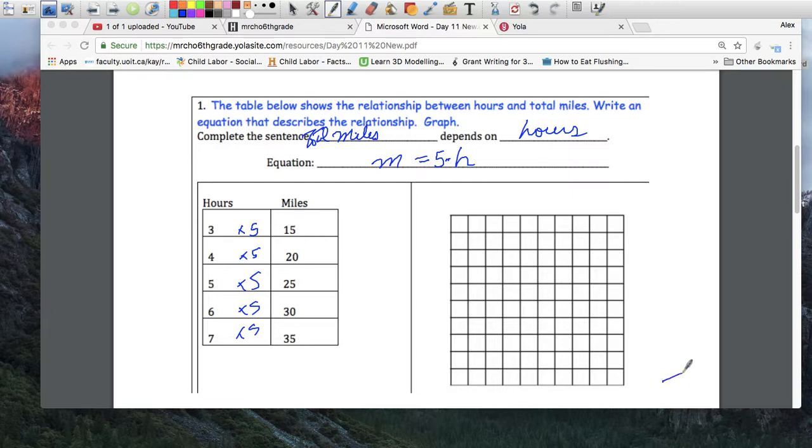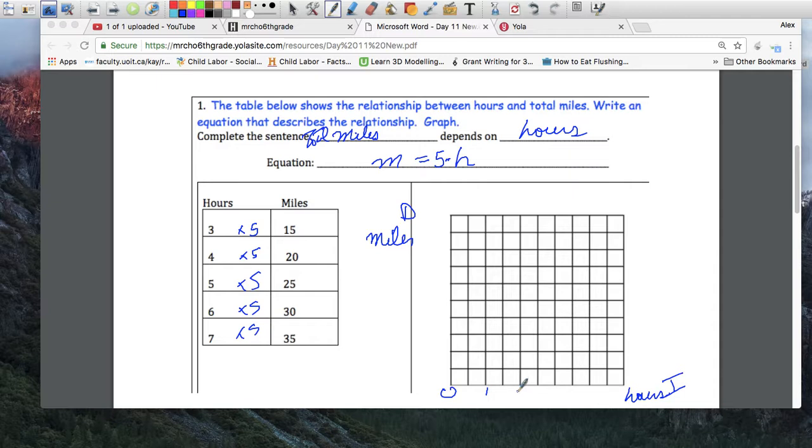So your independent goes here, your dependent goes here. Let's call our independent our hours, and our dependent is our miles. Let's see how we're going to do this. 1, 2, 3, 4, 5. Yeah, we have room. So this is 0, 1.